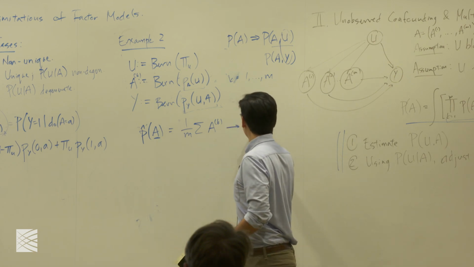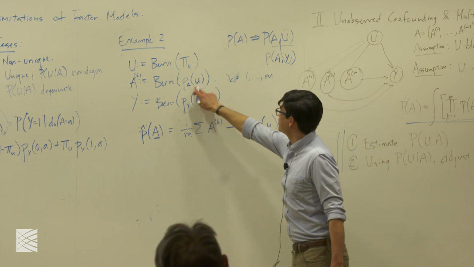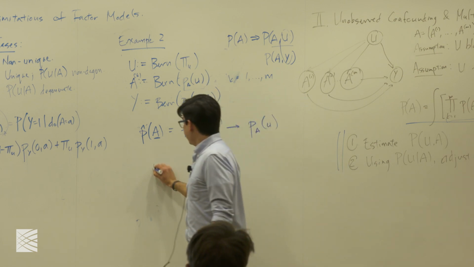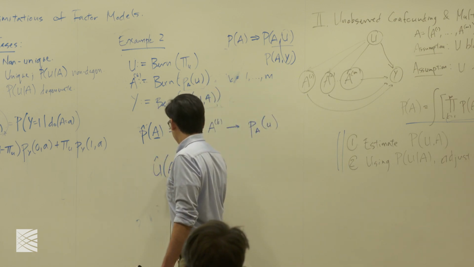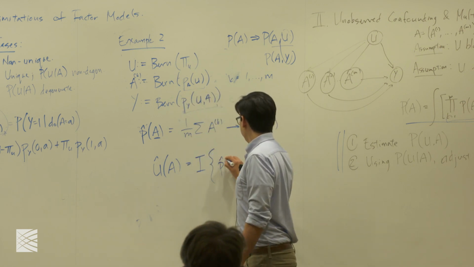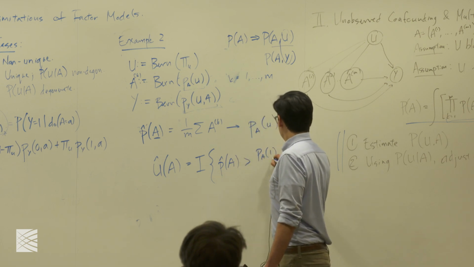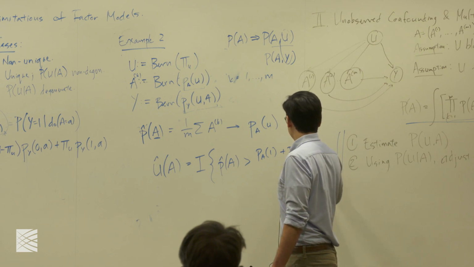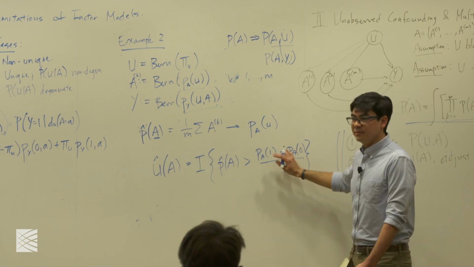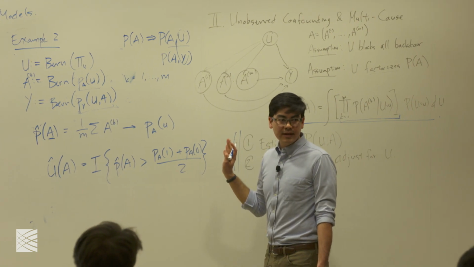And this is going to converge to p sub A, the p sub A that corresponds to this value of the latent confounder U. So you could define an estimator for any given unit, where you're just going to make a call whether p hat of A is above or below the two values that you've recovered from your sample. And you will always be able, up to label switching between 1 and 0, to figure out which one of these classes the unit that you have in hand corresponds to.